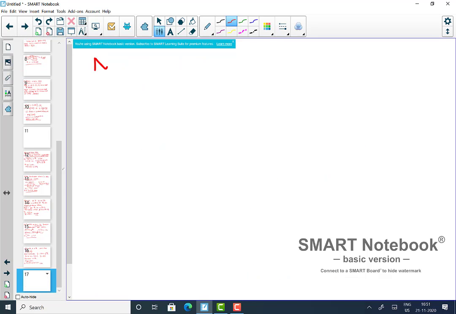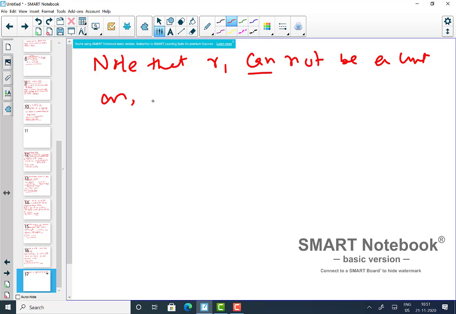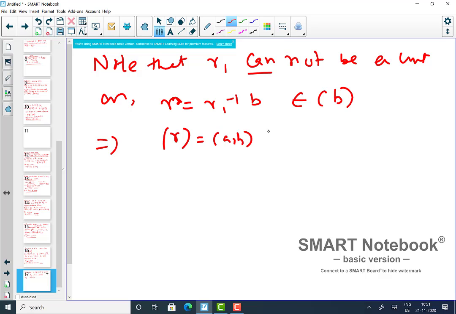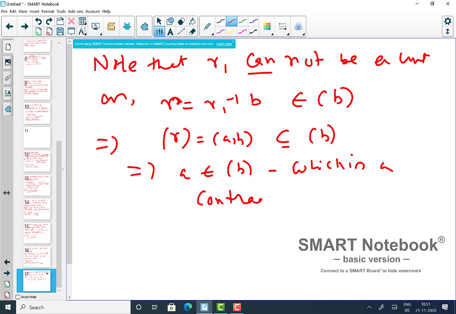Note that r1 cannot be a unit, as then r can be written as r1 inverse into B, which belongs to the ideal generated by B. And this implies the ideal generated by r, which is the ideal generated by A and B, is a subset of the ideal generated by B, and this implies A belongs to the ideal generated by B, which is a contradiction, because I assumed that it does not belong to the ideal of B, right?